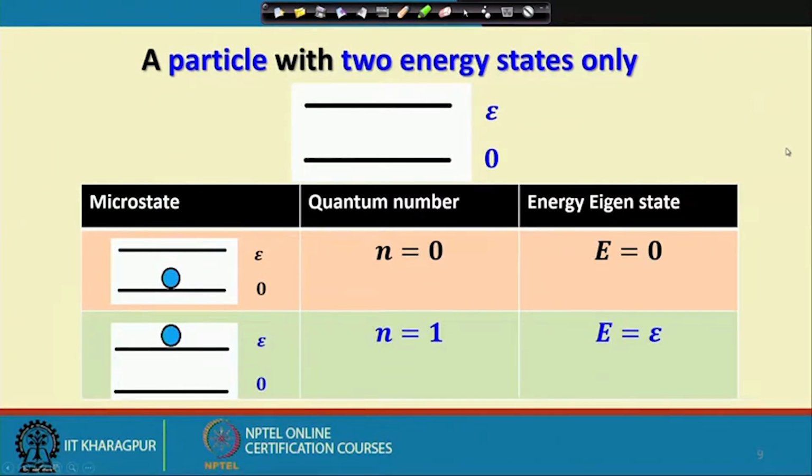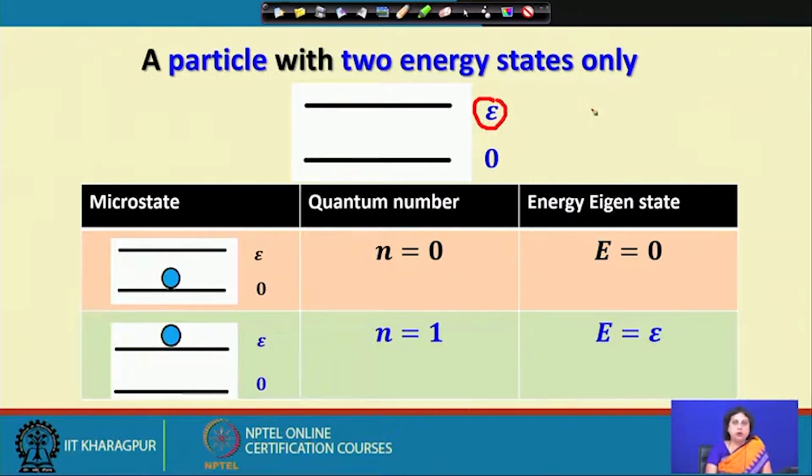Let us say you have a single particle present in a constant volume, and solution of the Schrodinger equation for this particle gives you only 2 energy states. The lower energy state is the 0 of the energy, which I designate as epsilon equal to 0, and the upper energy state, which is higher than the 0 energy state, is associated with some energy value epsilon.